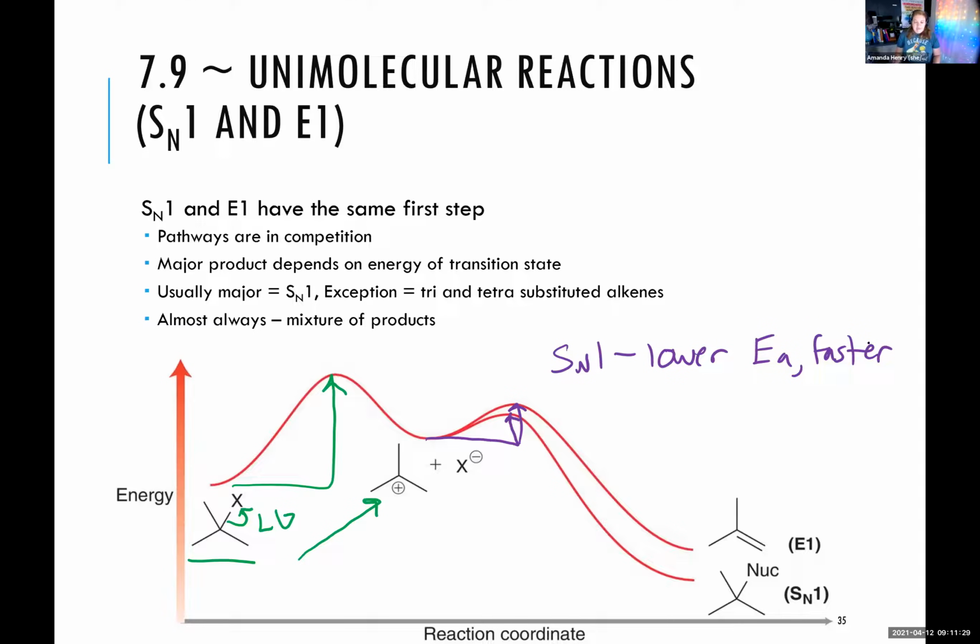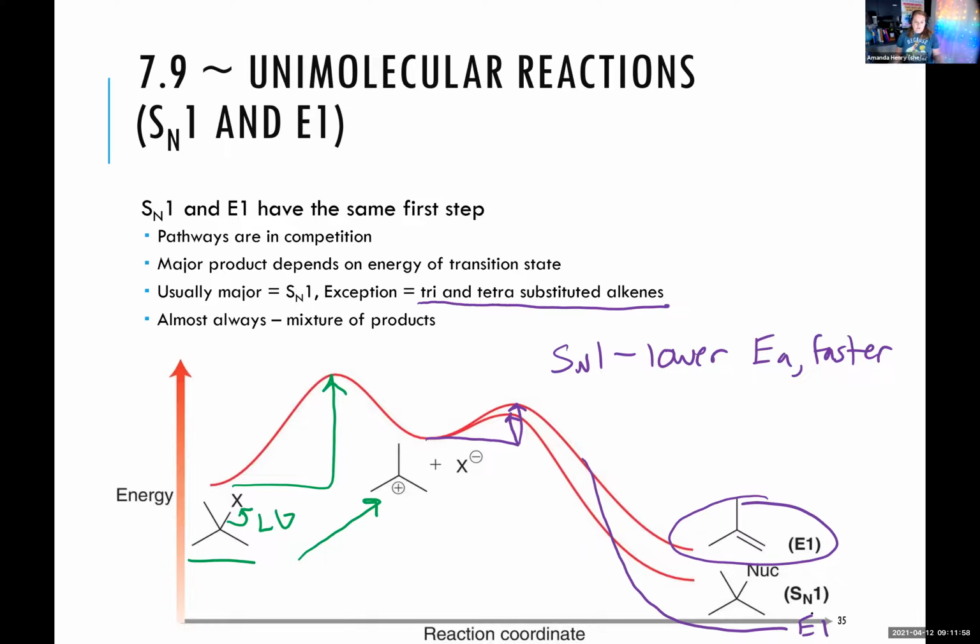The E1 is going to be a more stable product if it has lots of substituents. So notice right here, it's shown as being higher in energy, shown as less stable. But if our alkene that forms is tri-substituted or tetra-substituted, then our graph would actually have it going down here.